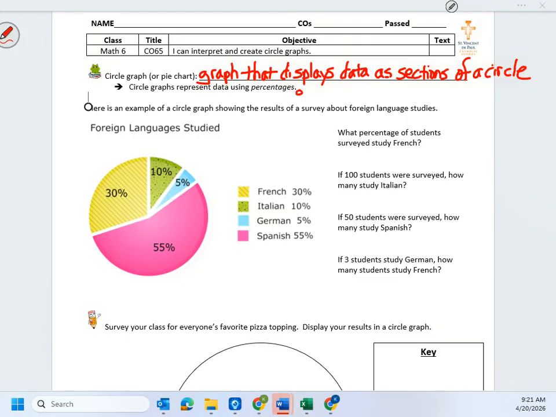The entire circle is 100% of all the data.